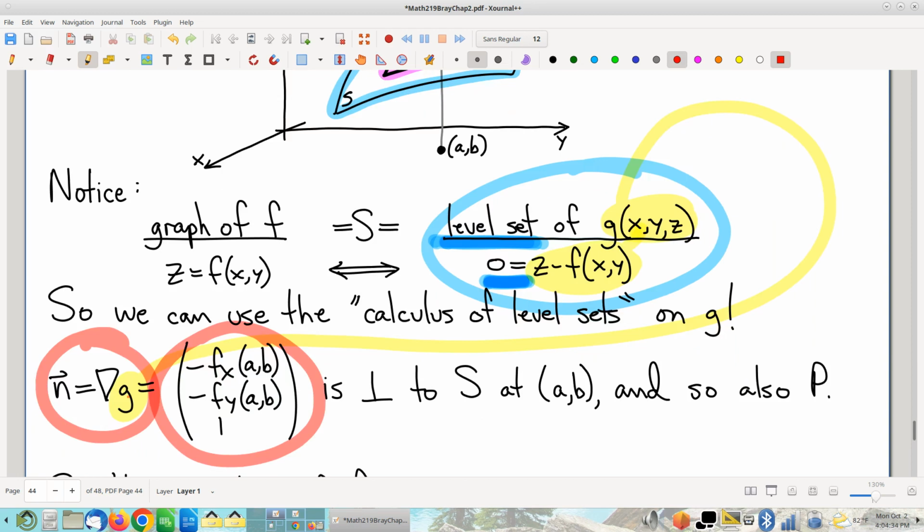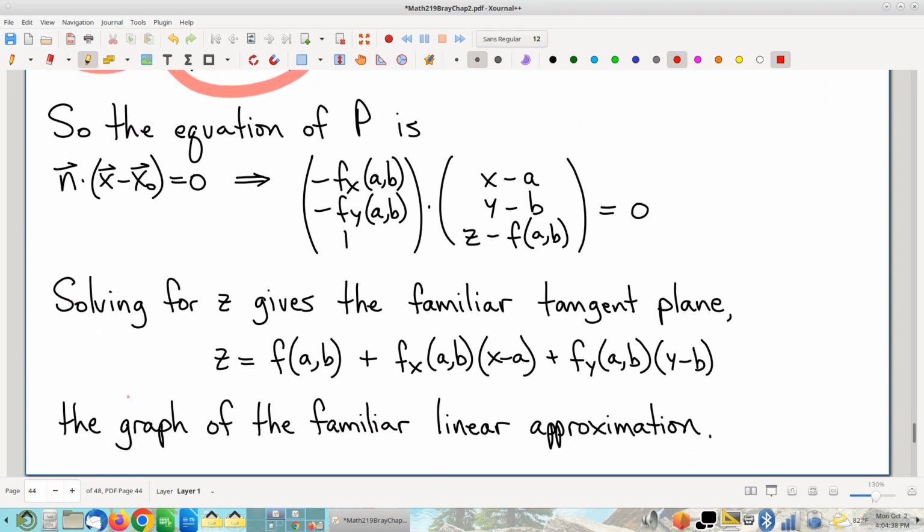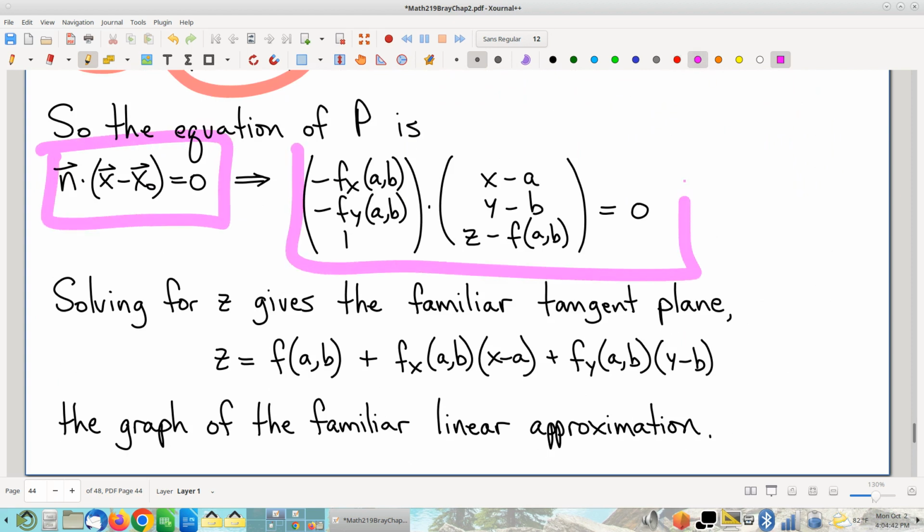Once you have that normal vector, the gradient being your normal vector, then in the equation for the plane, our normal vector is that right there.